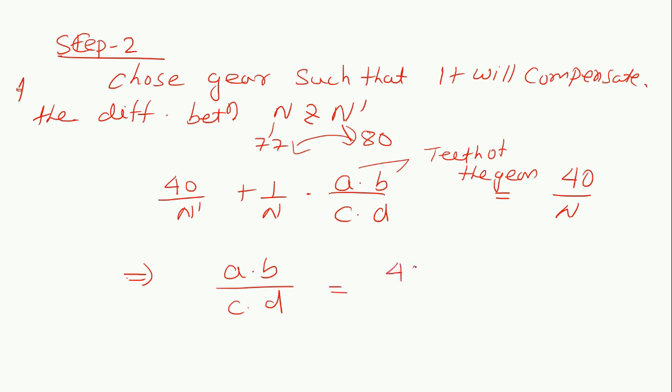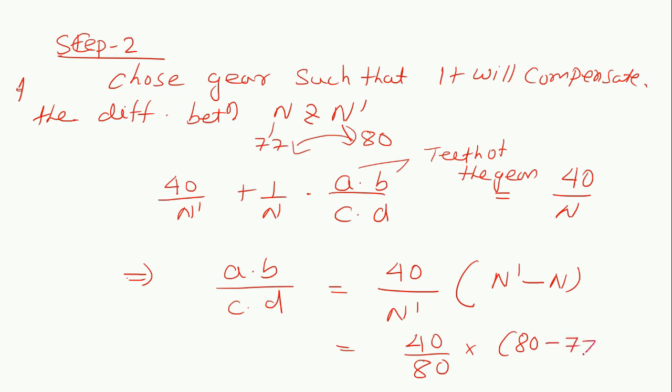You can solve it later. 40 by 80 into 80 minus 77, A, B, C, D is equal to half into 3.